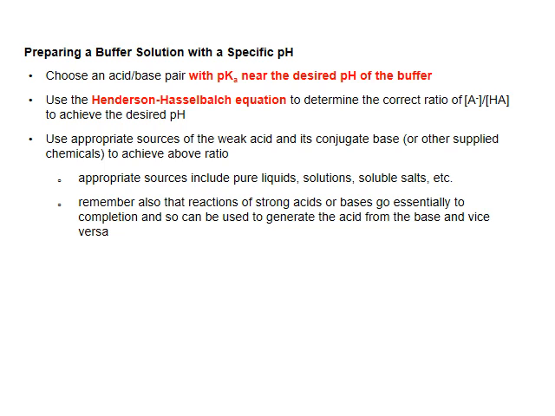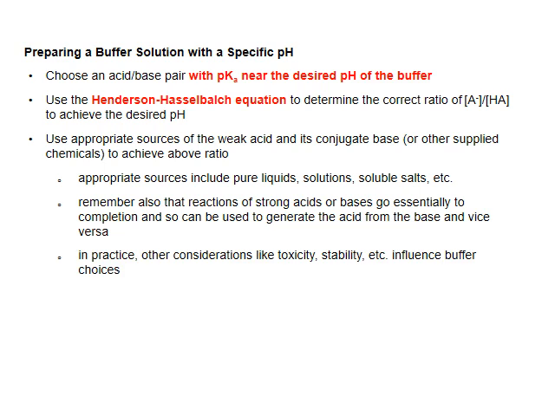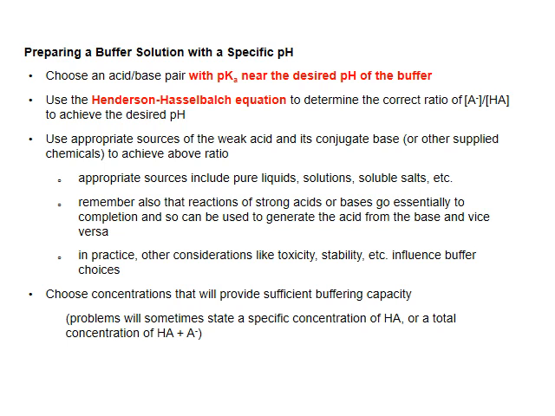Remember also that reactions of strong acids or bases go essentially to completion and so can be used to generate the acid from the base and vice versa. In practice, other considerations like toxicity, stability, and others will influence buffer choices. Finally, you want to choose concentrations that will provide sufficient buffering capacity.